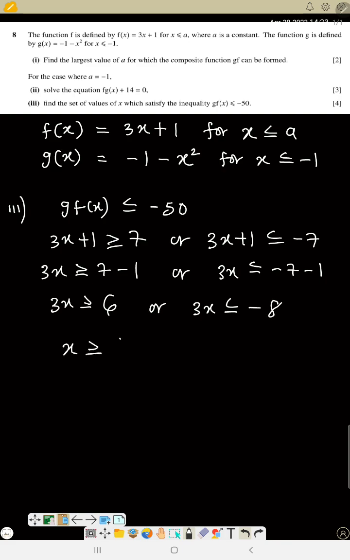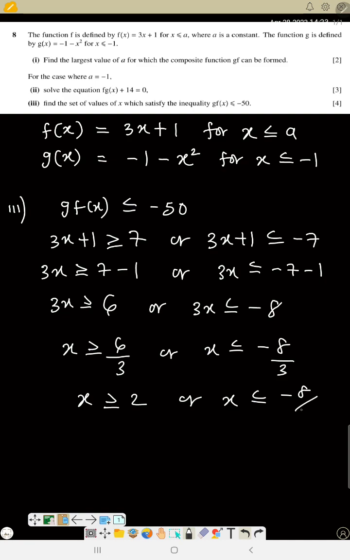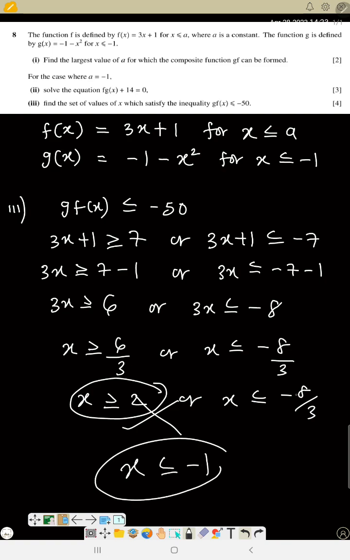So s is greater than or equal to 6 over 3, or s is less than or equal to minus 8 over 3. So I will ignore this answer because my restriction is s is less than or equal to minus 1. So this is the correct answer. S is less than or equal to minus 8 over 3.